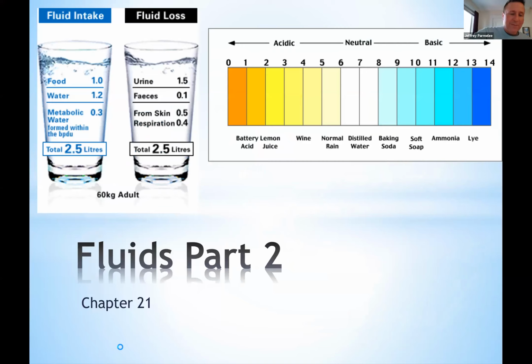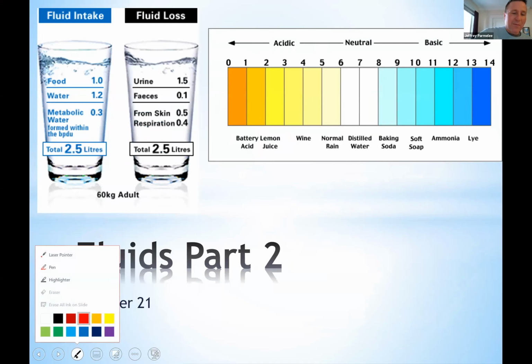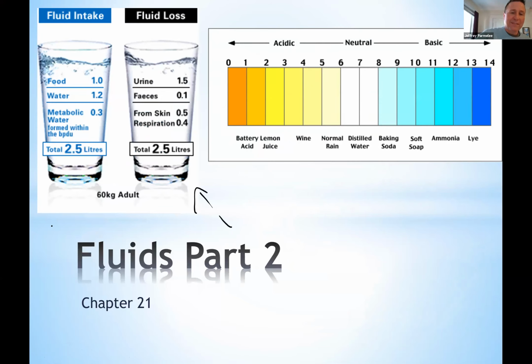So again, let's take a look at our inputs and outputs. We pee out, it depends, but 2.5 liters, something like that. Where it comes in is mostly drinking our fluids, and then in our wet foods.